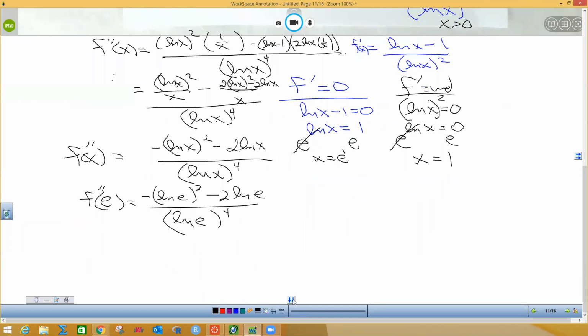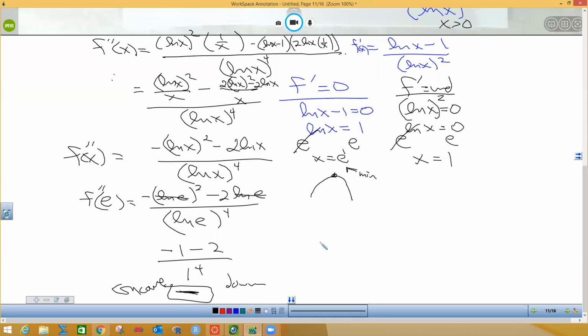When I solve that, these natural log of e's reduce out, so this is 1. So this is going to be negative 1, and again these reduce out to 1, minus 2, all over 1 to the 4th. The important thing is this is going to be a negative, which means concave down, which tells me that at this place, this is a min.